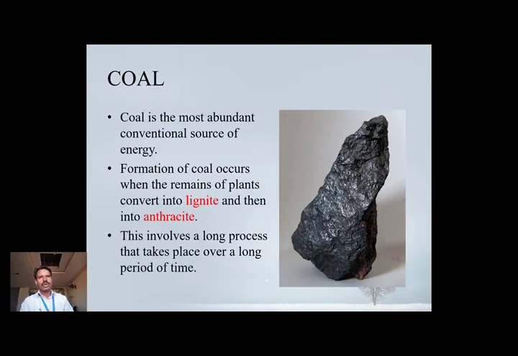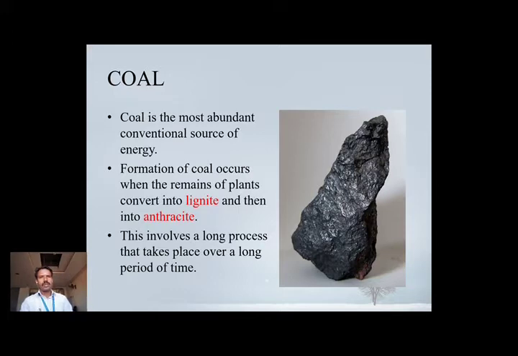Coal is the most abundant conventional source of energy. In the formation of coal, a plant first converts into lignite, and after that into anthracite. Lignite has a carbon content of only 70 to 80%.